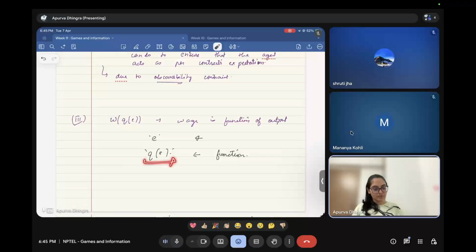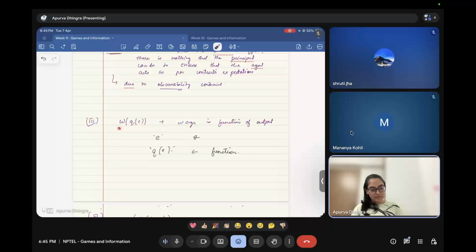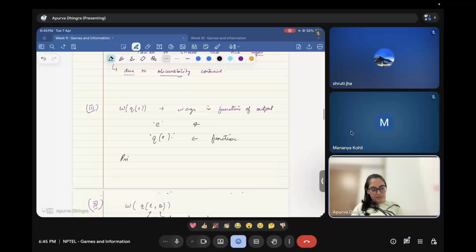So this kind of a function, q of e, could be something that captures that. If an agent gets some x number of clients, let's say that's what this q of e is, then the wage should be dependent on that. So that's another scenario. If the wage depends on this, then the principal can just know what q of e is.